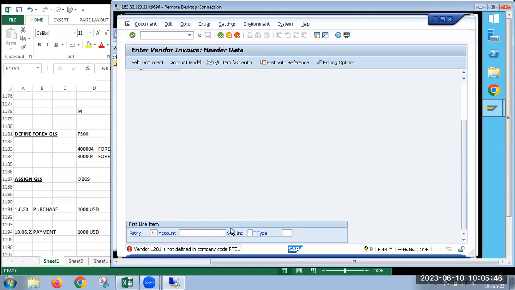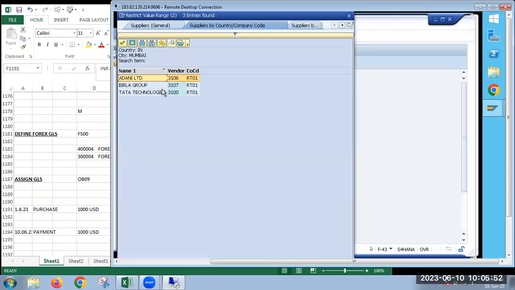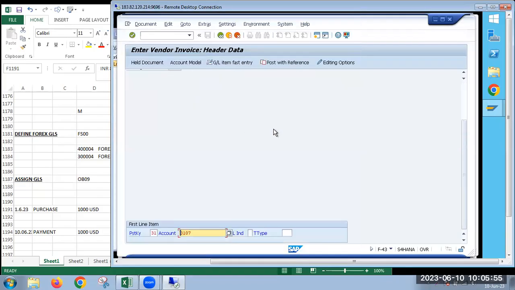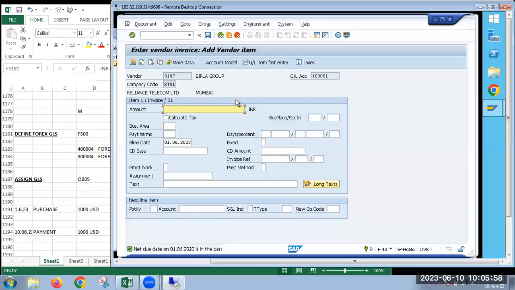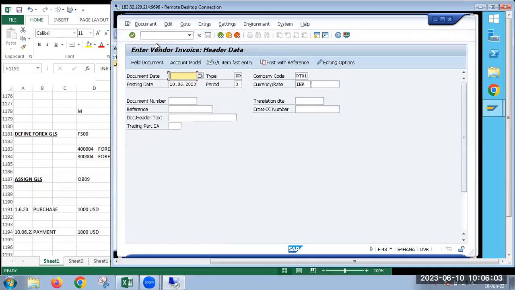That was a vendor. For this one, you can even create a new foreign vendor. Okay, fine. Let's go for this vendor, 3107. I think we have not specified currency, right? So 1st of June, US dollar, with a manual rate of 80.